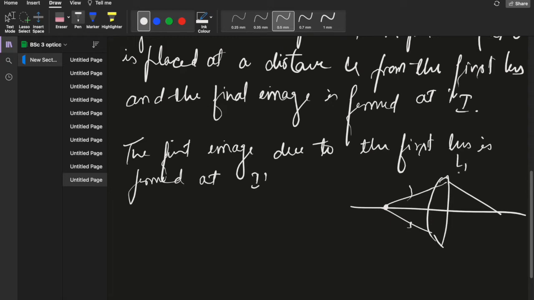If this is L1 of focal length f1, object O, image formed somewhere here, I dash. This is our original first lens. So we had written that the first image due to the first lens is at I dash.